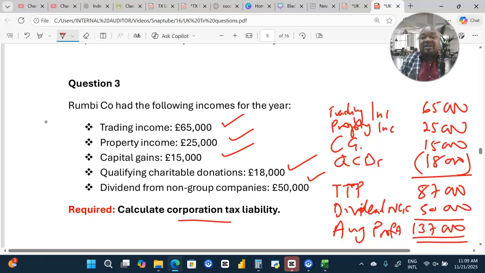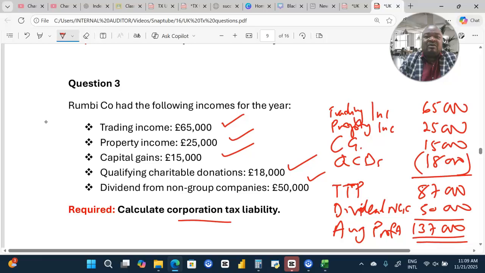So 137,000, ladies and gentlemen, is between 50,000 and 250,000. So in this case, the marginal relief applies. Is that clear? So what do we do? First of all, we need to charge our TTP at 25%.